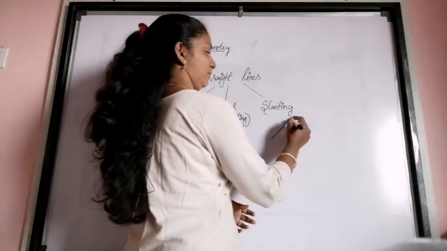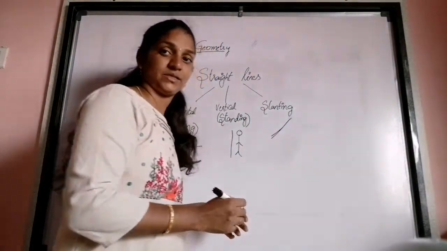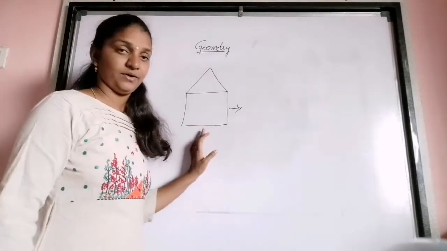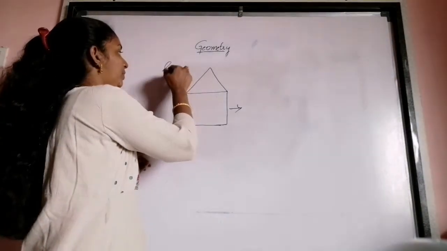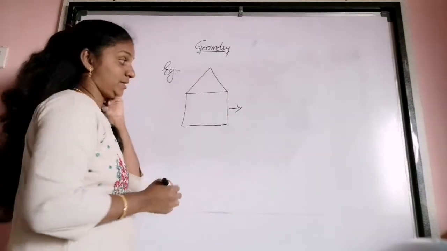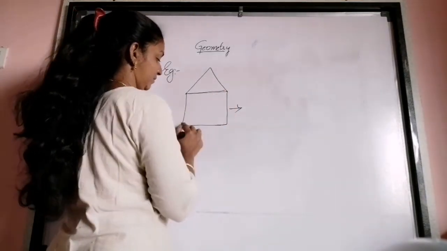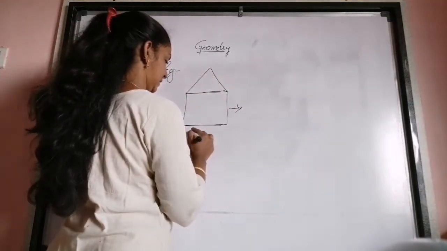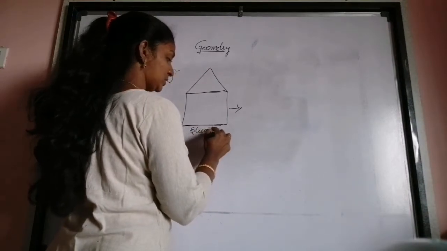If we take this diagram as an example, how many sleeping lines are there? 1 and 2, sleeping, or horizontal.